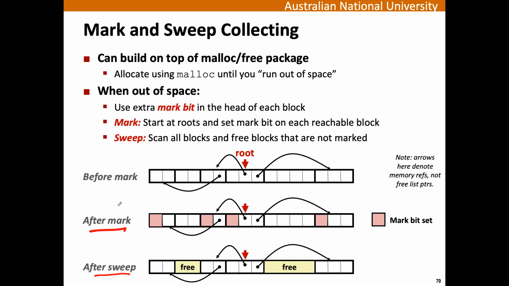In marking, I mark all the live blocks starting from the root nodes. In the sweep phase, whichever block does not have the mark bit set, I know that this is not part of the heap. The programmer has given up the use of this block.